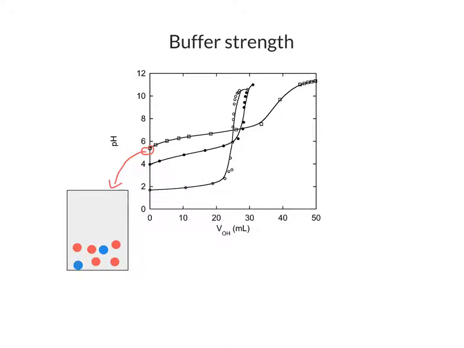And so the total concentration of acid that I started with is just simply split up into the amount of conjugate base plus the amount of acid that I have at any point on my titration curve. This total amount of acid that I started with is called the analytical concentration of the acid.